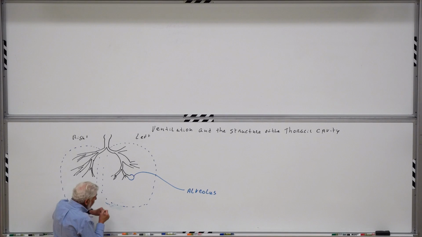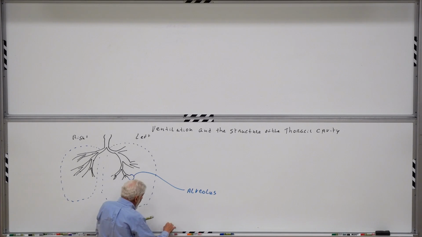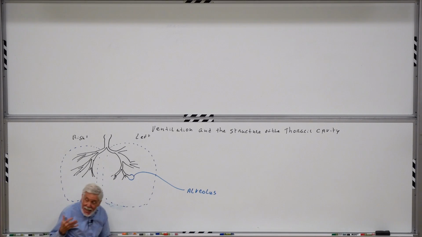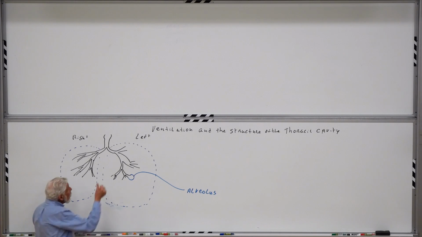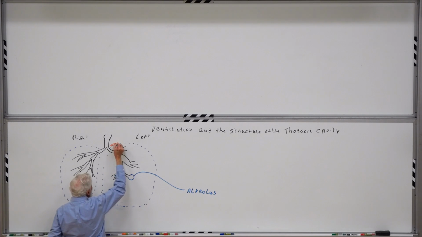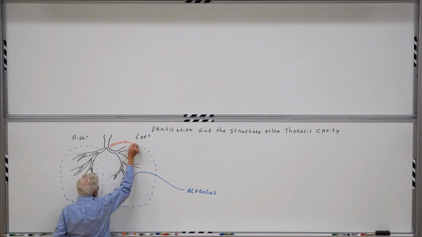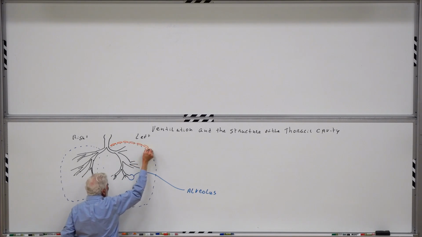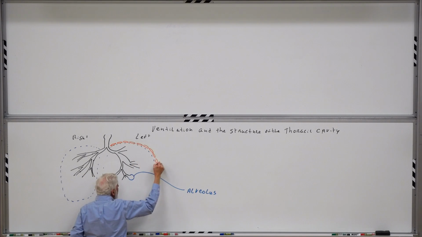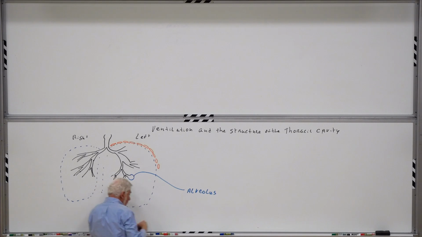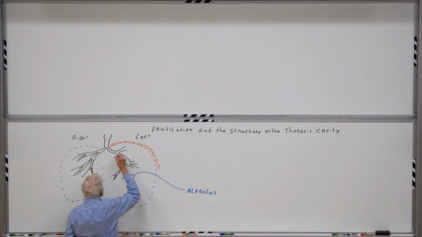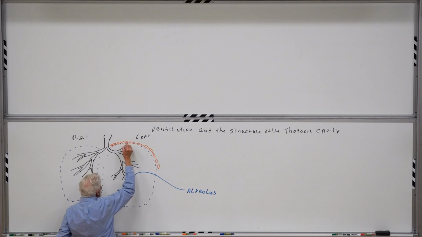Now, attached to the outer wall of the lung is a continuous cell layer. So I'll draw these in an orange. We have this continuous cell layer attached to the body wall. It's attached by an underlying basal lamina.